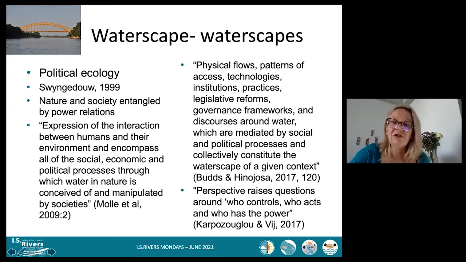Waterscapes refer to physical flows, patterns of access, technologies, institutions, practices, legislative reforms, governance frameworks, and discourses around water that are mediated by social and political processes in a specific context, in a given space and time. And this leads us to try to question who controls, who acts, and who has the power.